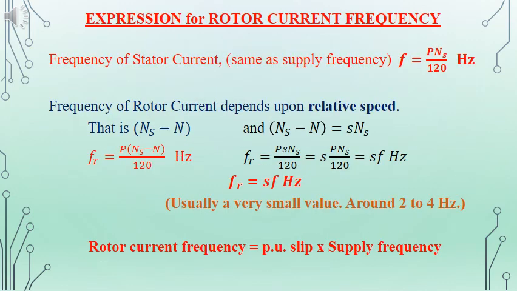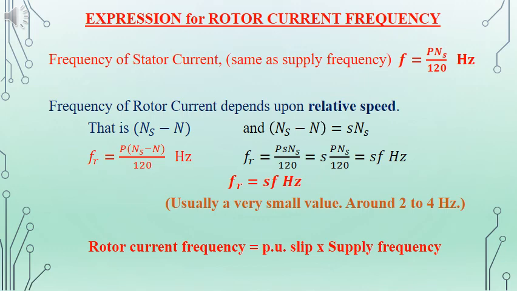We will find the expression for the frequency of the rotor current. We have the equation Ns = 120f/P, and the equation can be rewritten for the frequency of the supply: f = P Ns/120.